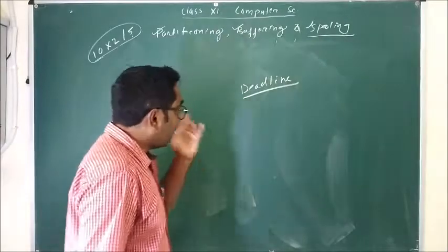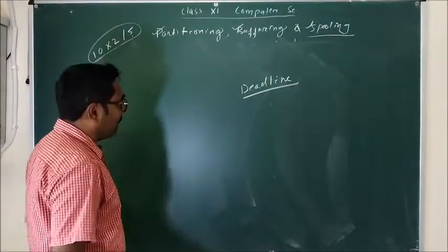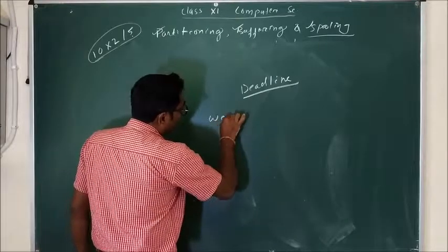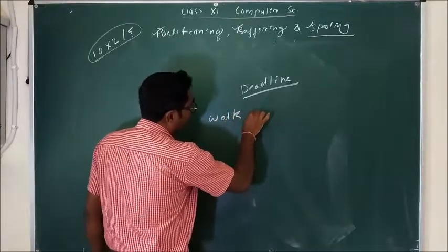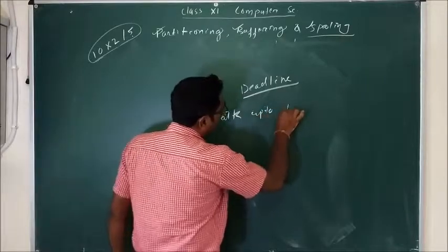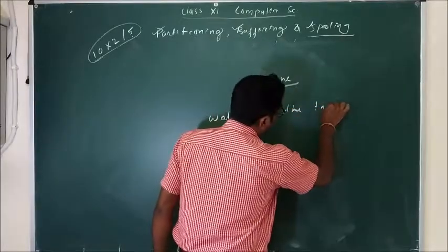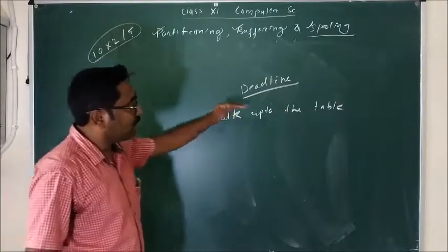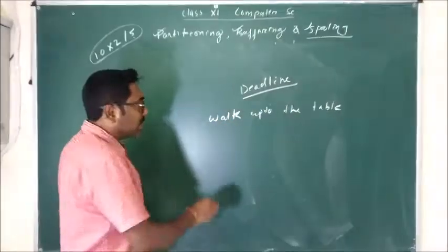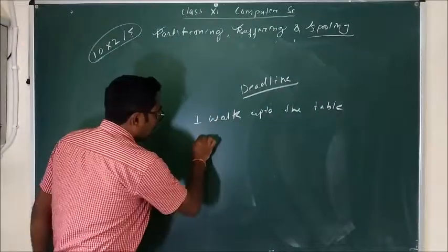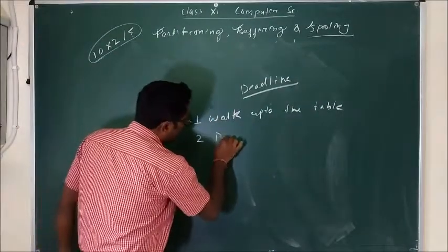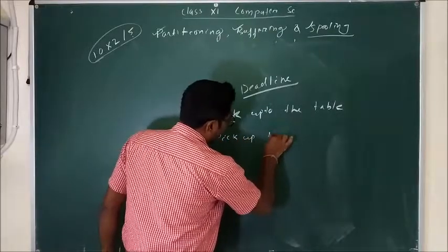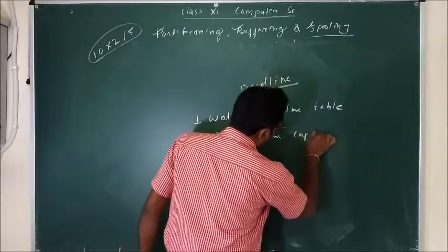Suppose first I command a robot to walk up to the table. The robot will walk up to the table. This is the first command. The second command is pick up the cup of tea.